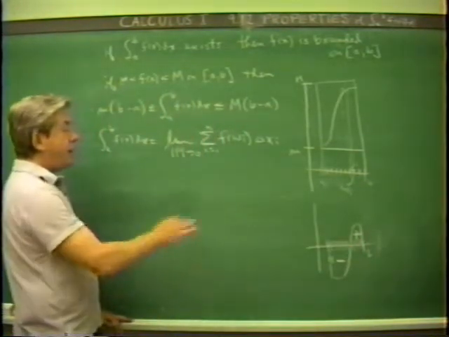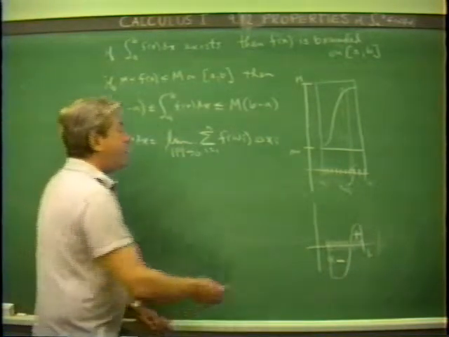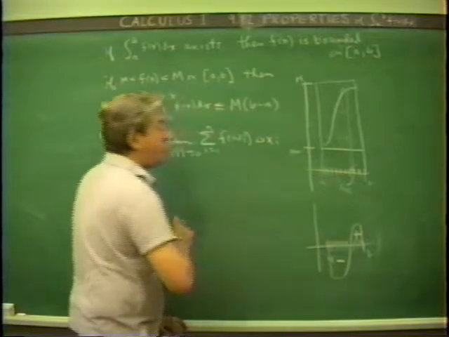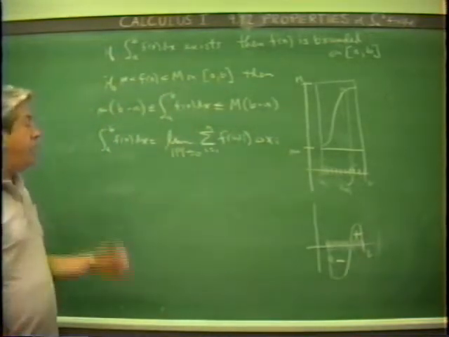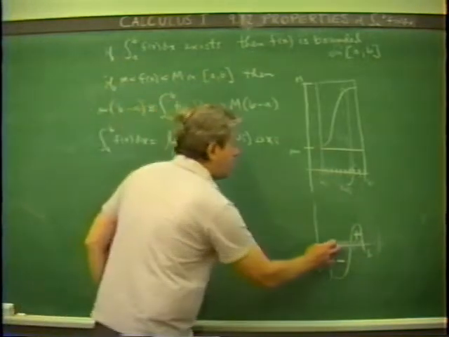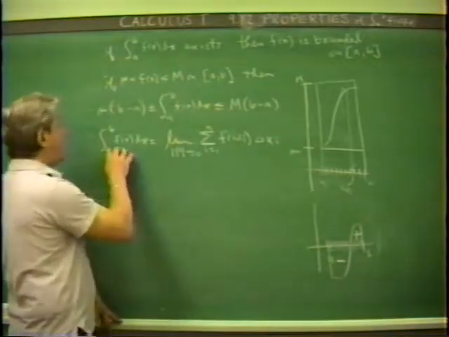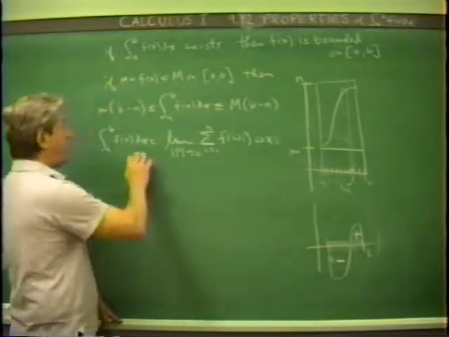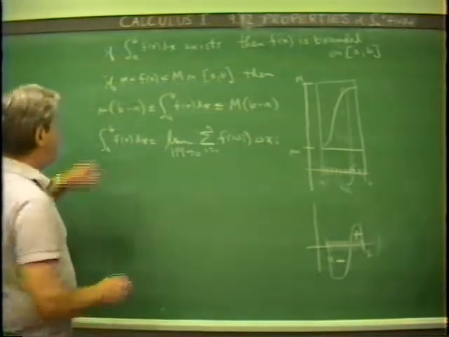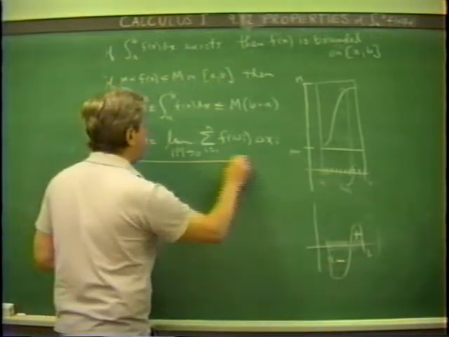If you were thinking of this as charging some sort of a battery, for example, the positive part would be where charge was going in, the negative would be where it was coming out. If you're thinking of this as some sort of a velocity, the positive part here would be where the velocity was in the forward direction, the negative part would be where it's in the backwards direction. The distance traveled is going to be given still by this integral if there's forward and backwards motion.